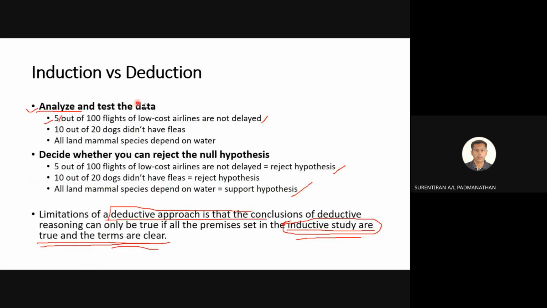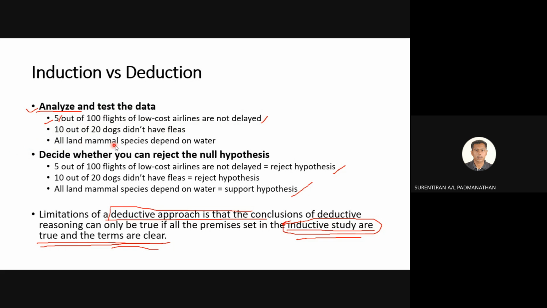Then we analyze and test the data. Okay, 5 out of 100 flights of low-cost airlines are not delayed, right? So based on the data, we can say that 5 out of 100 flights of low-cost airlines are not delayed. 10 out of 20 dogs didn't have fleas.